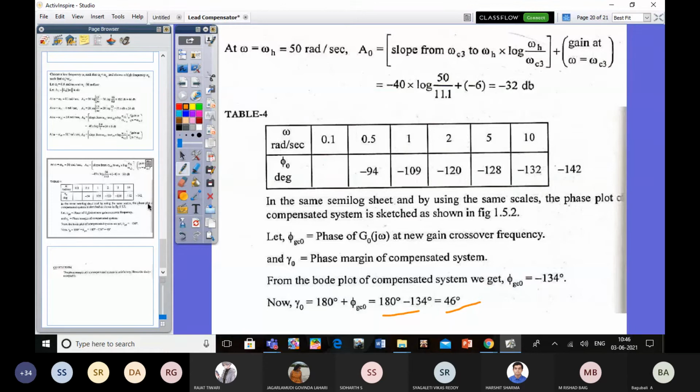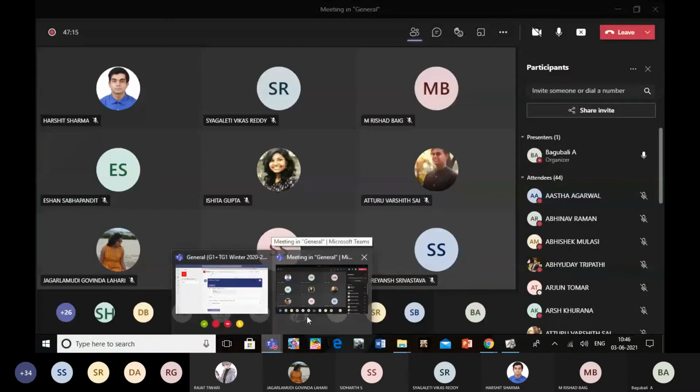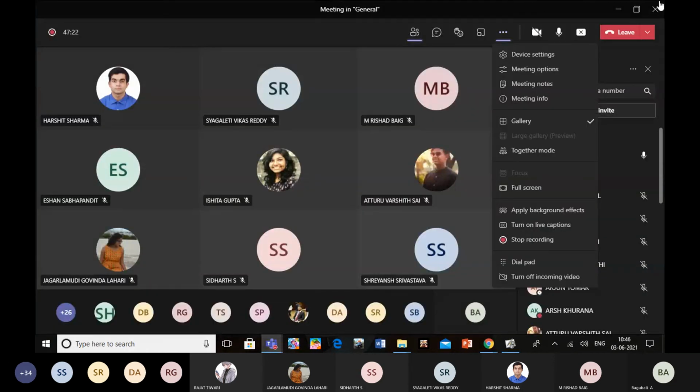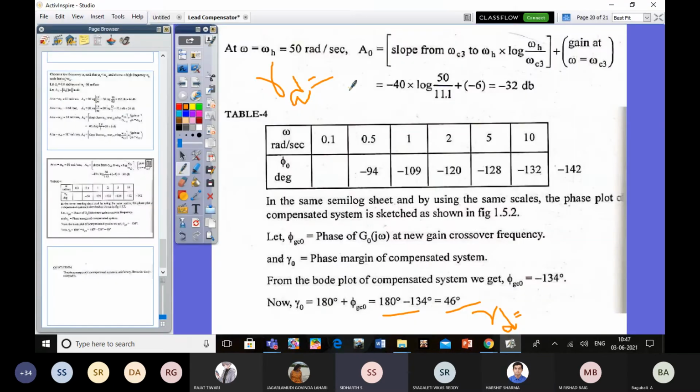What is the requirement? What is the desired phase margin, gamma D? Gamma D is greater than or equal to 45 degrees as per the question.